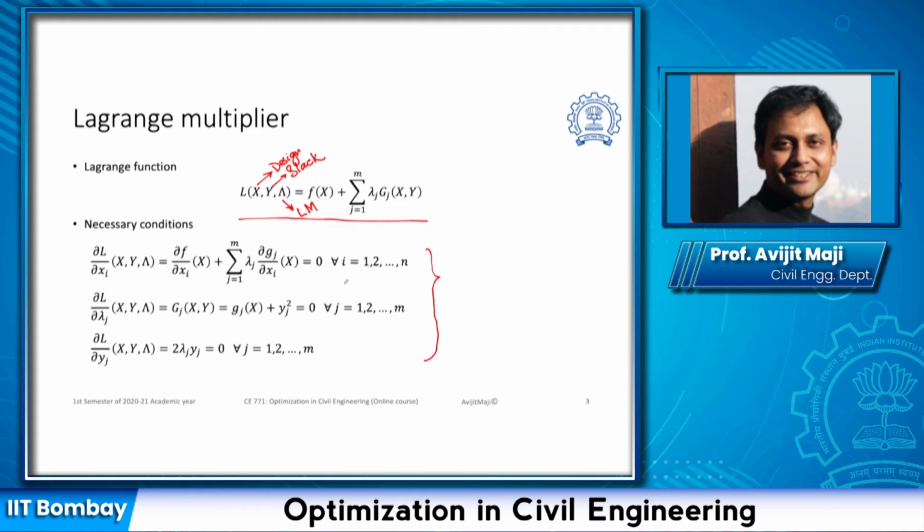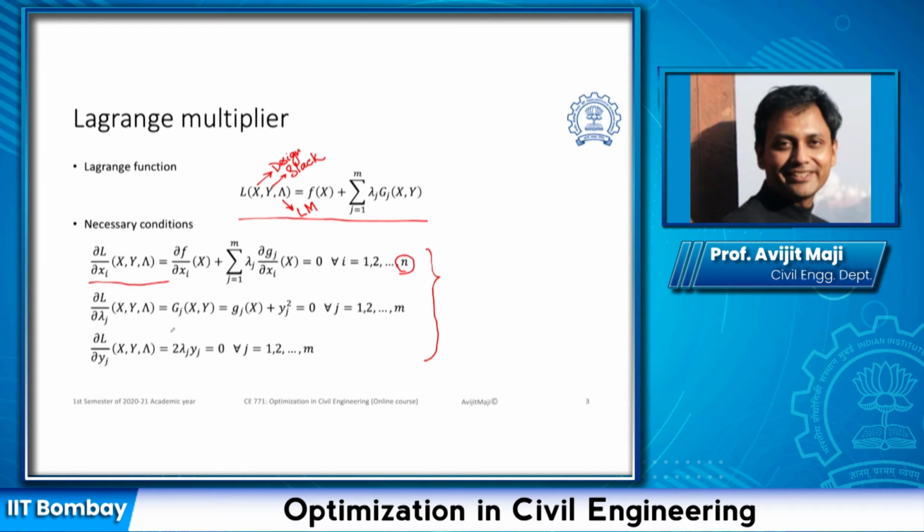The first set of equations is related to the partial derivative of the Lagrange function with respect to the design variables, which is shown here, and this is going to yield n equations, equal to the number of variables.